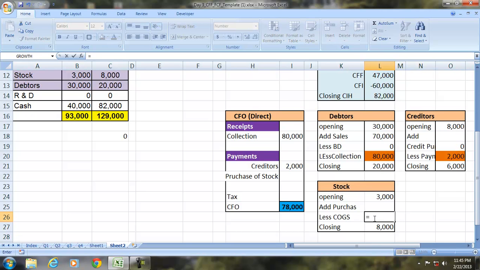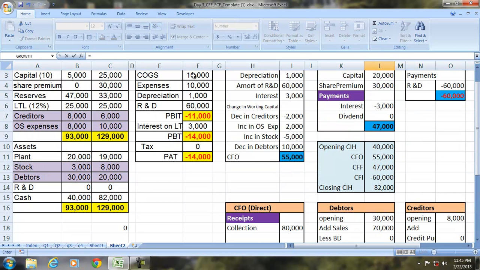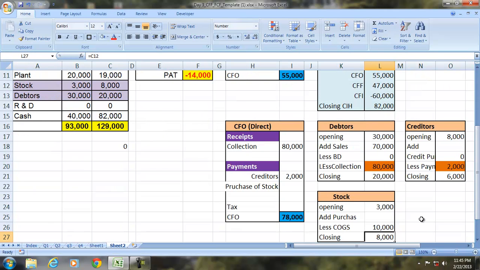The COGS is given already, 10,000. So that means the balancing figure is the cash purchases during the period. We have already taken the creditors and credit purchases assumed to be 0. So this 15,000 we will assume as cash purchases.